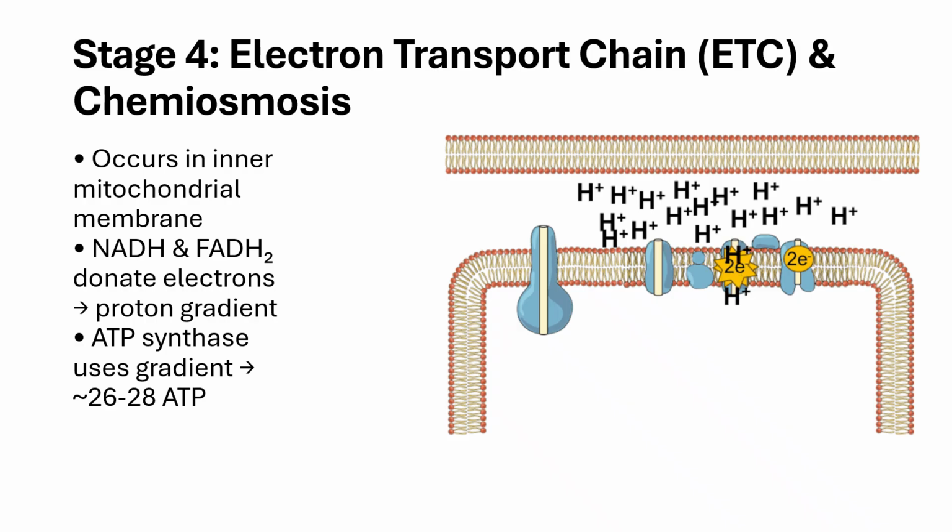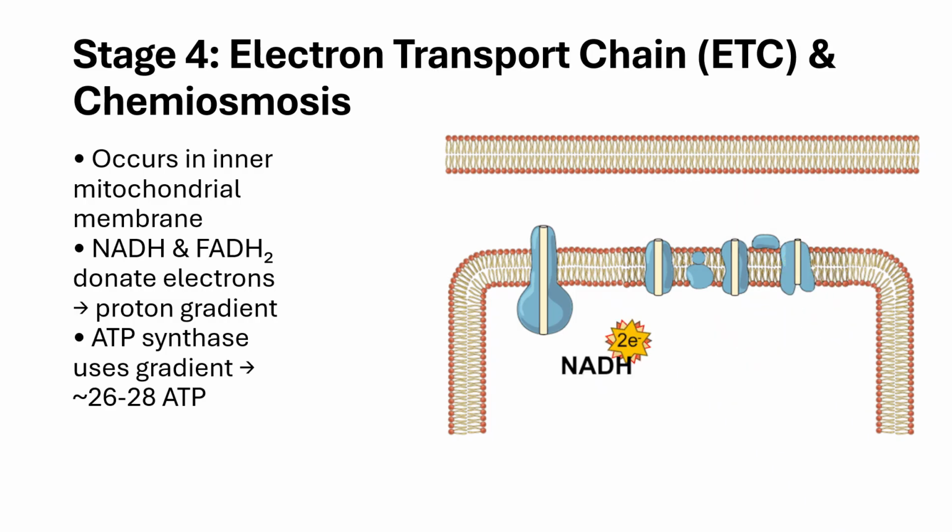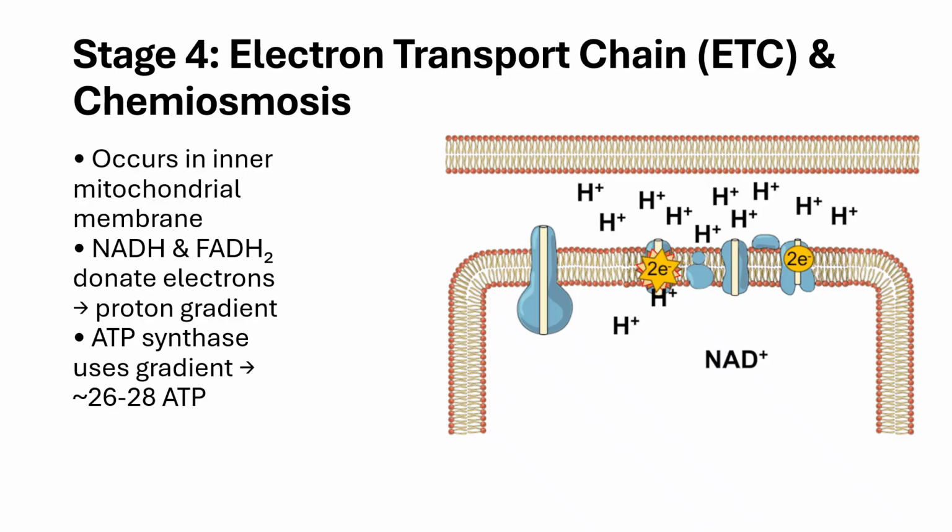Then ATP synthase lets protons flow back, driving ATP production. About 26 to 28 ATP from this stage alone. It's like your cell's fossil fuel power plant, but green energy because it uses glucose. Without oxygen acting as the final electron acceptor, this chain backs up and things get inefficient fast.